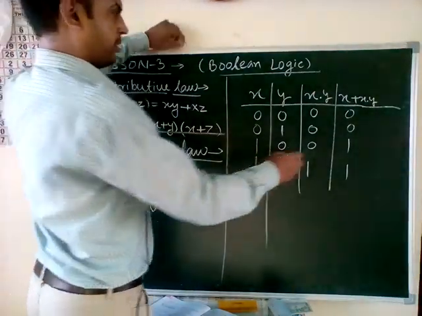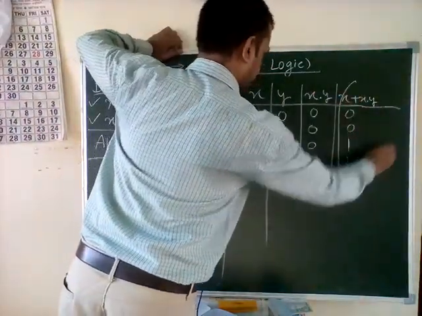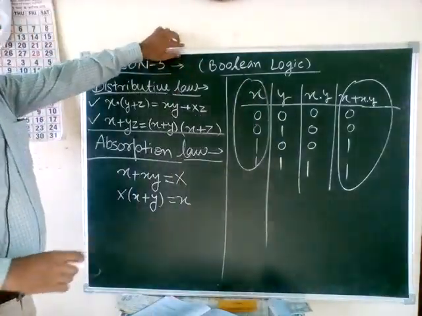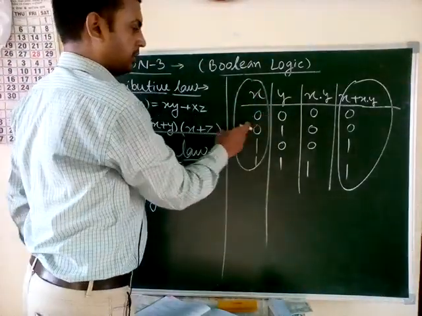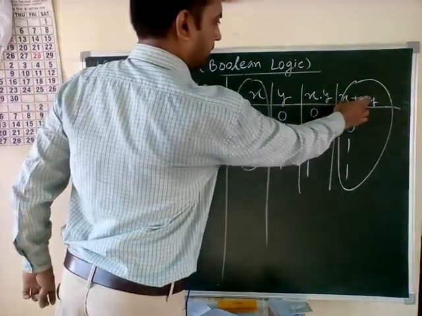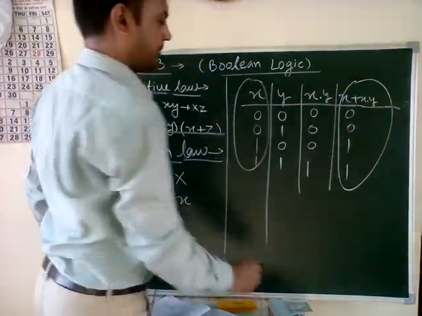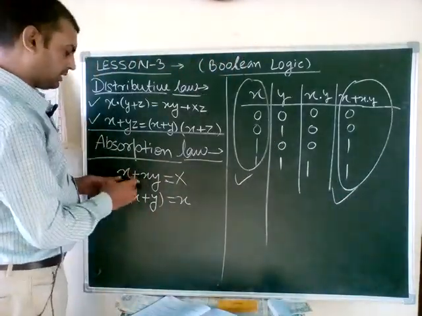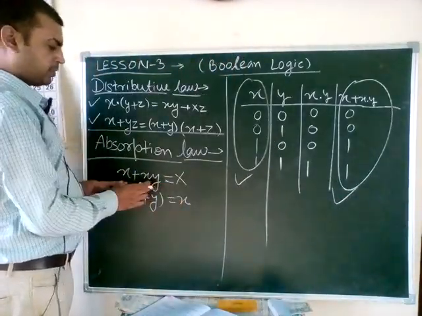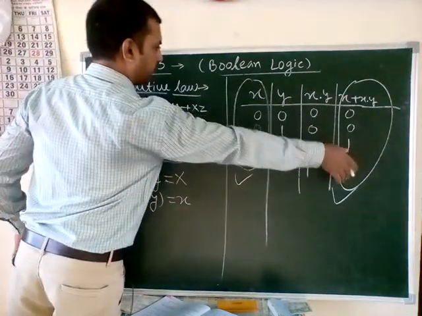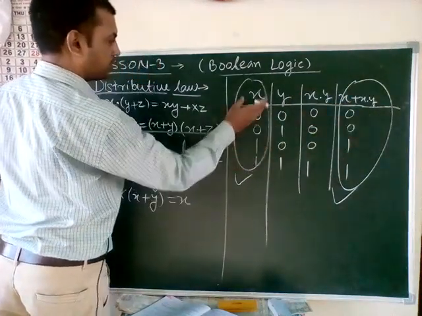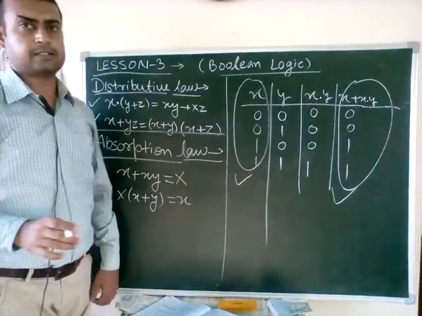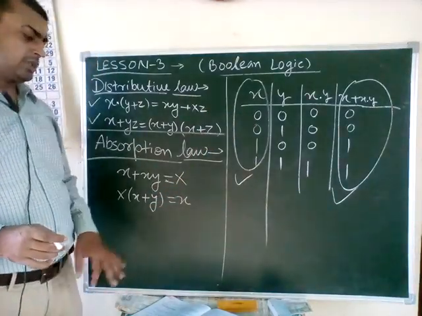Now you can see this column and this column are equal. X is 0 0 1 1, x plus xy is 0 0 1 1. Now both are the same, that's why we have written this is equal to x. This column's value is equal to the value of x, that's why we have written its value is equal to x. Like the same way it will be solved.